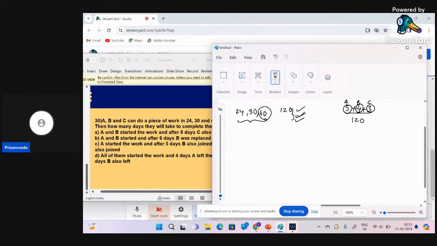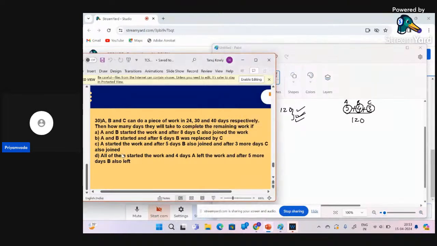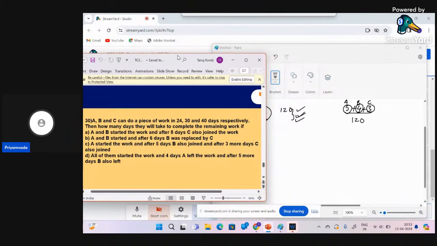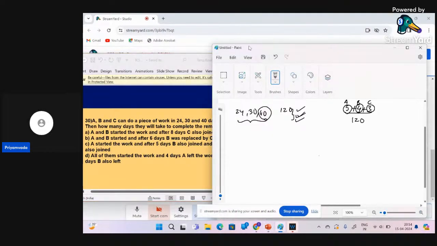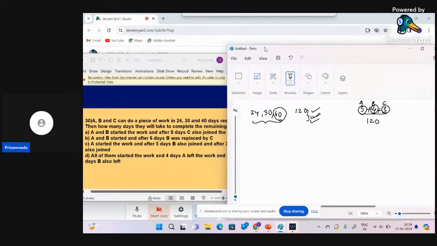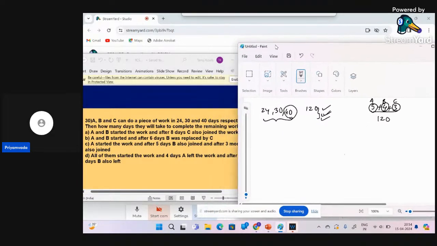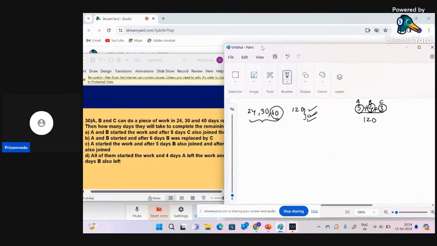Now look at the question. A and B started the work, and after 8 days, C also joined them. Initially, A and B started the work.